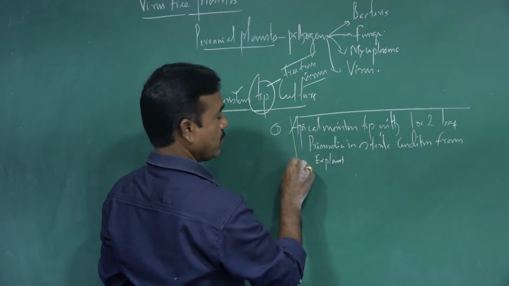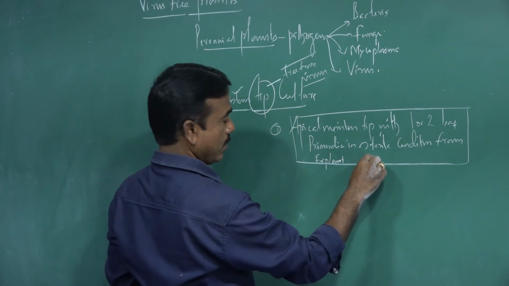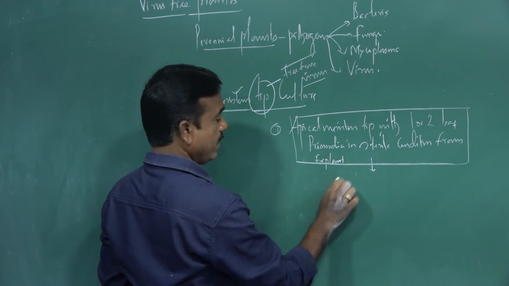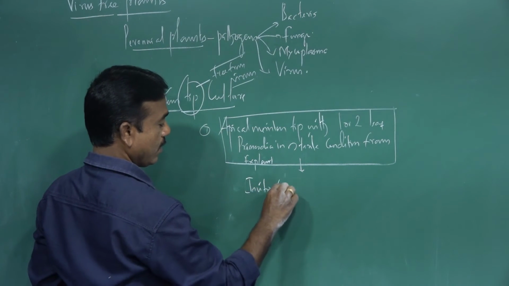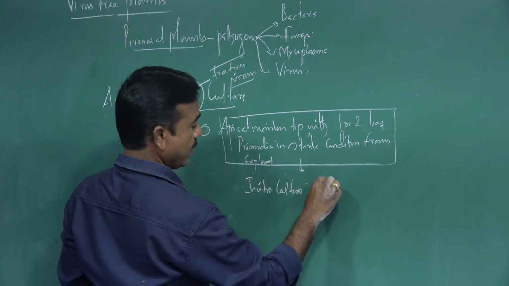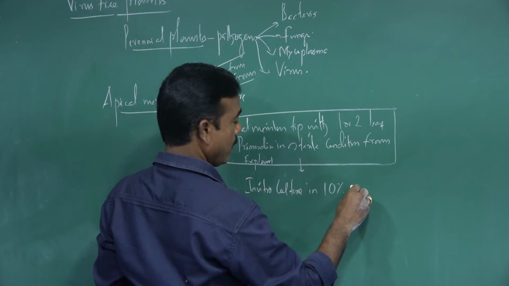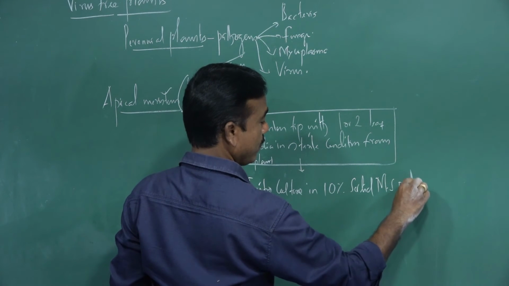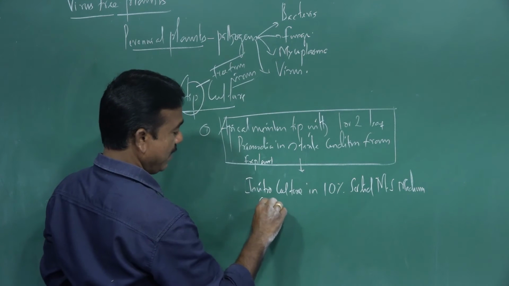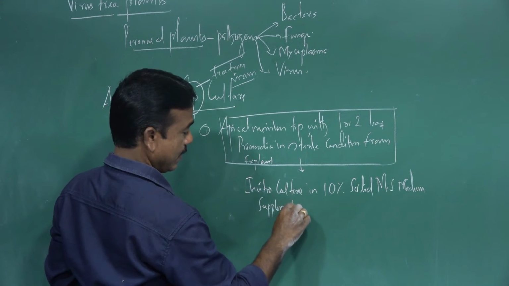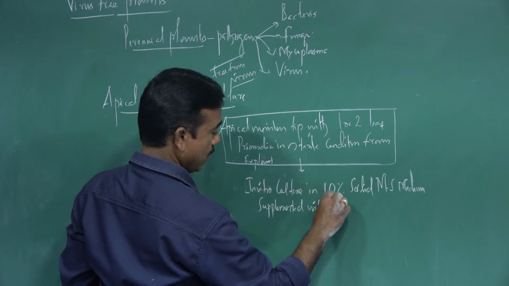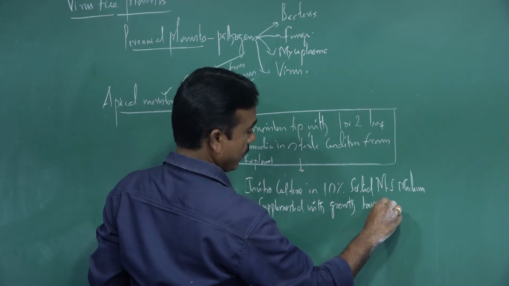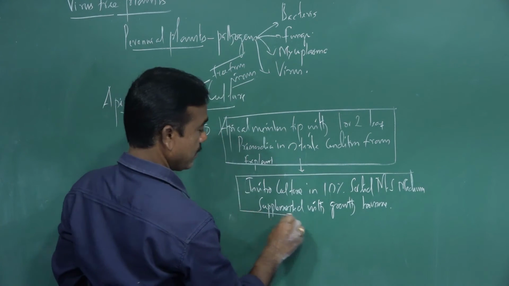This is the first step. Second, in vitro culture in solid MS medium supplemented with growth hormone. That is the second step.